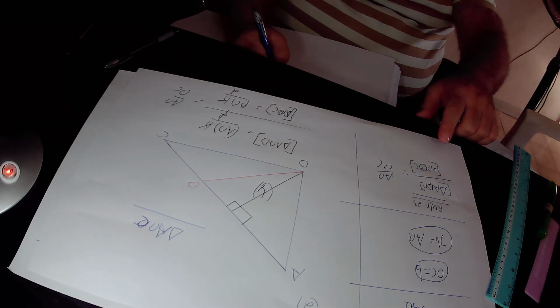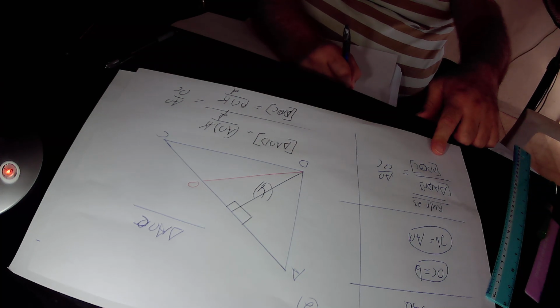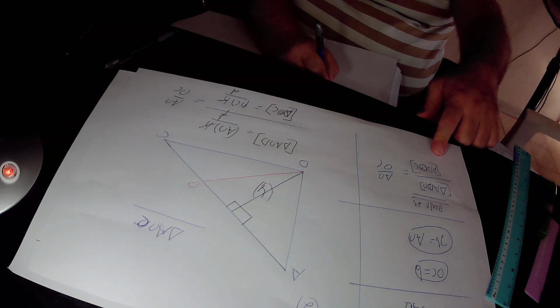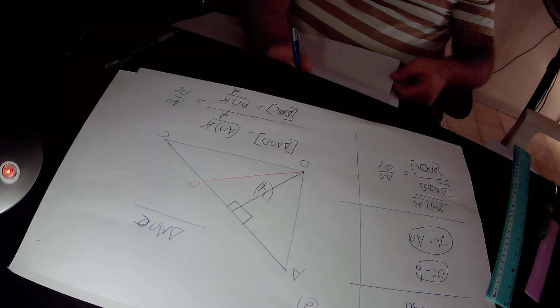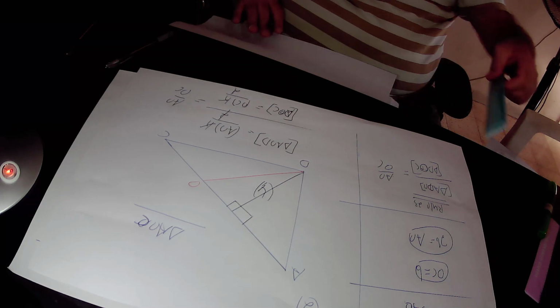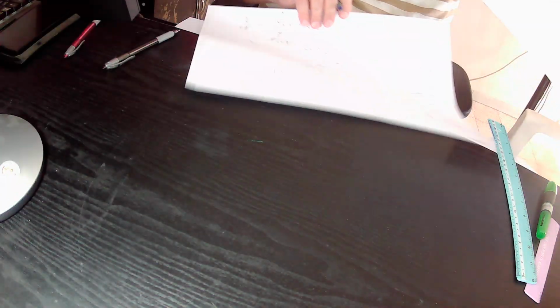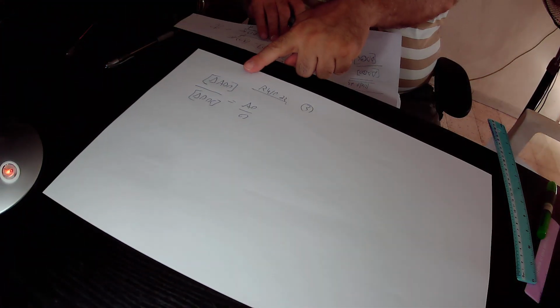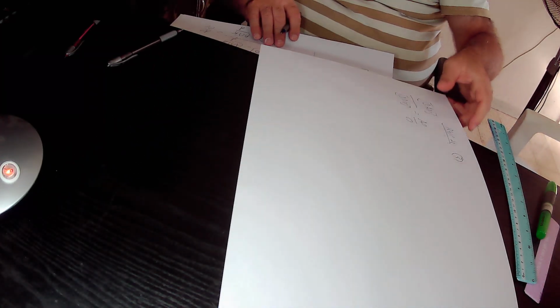We shall find out that the area of triangle ADO over the area of the small triangle DOC is equal to AO over OC. Repeat again, according to rule 23, the area of triangle AOD over the area of triangle DOC equals AO over OC.